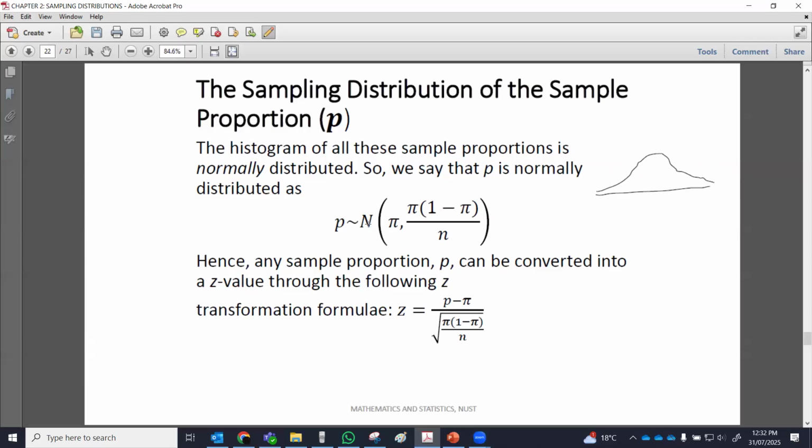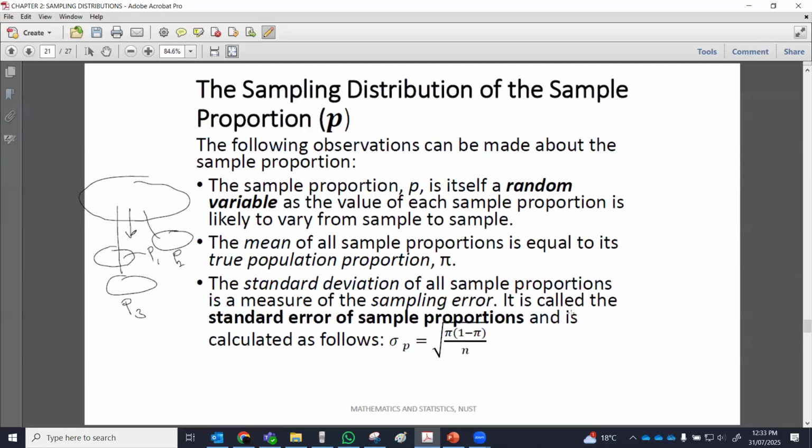So it is normally distributed with a mean. This first value here is our mean: the average of the proportions is equal to the population proportion. And this one here is the variance. So always remember, it is always the mean first, and then the second one is the variance.